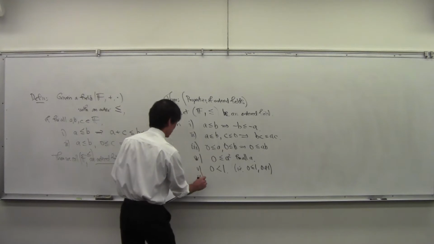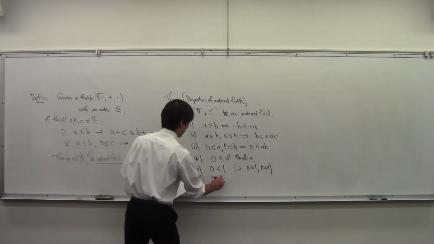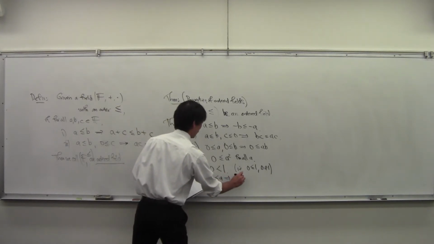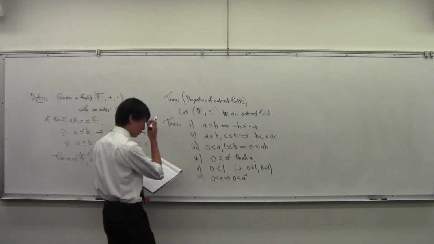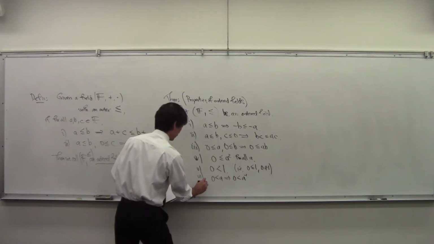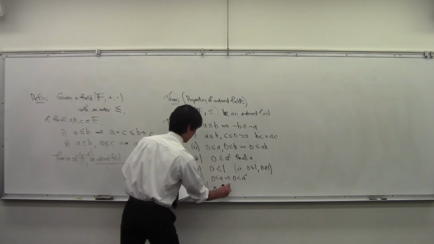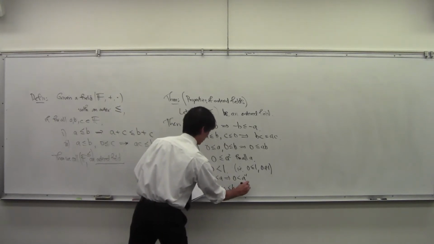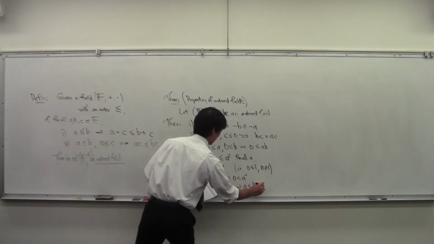And then there are a couple more. 6, 0 less than A implies that 0 is less than A inverse, the multiplicative inverse. 7, 0 less than A less than B implies that 0 is less than B inverse is less than A inverse.